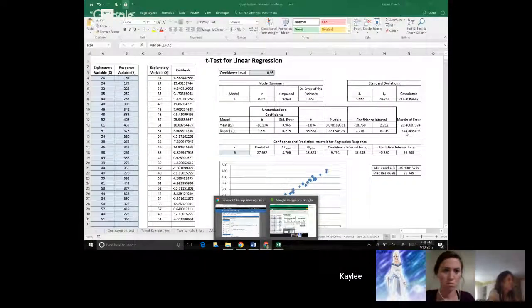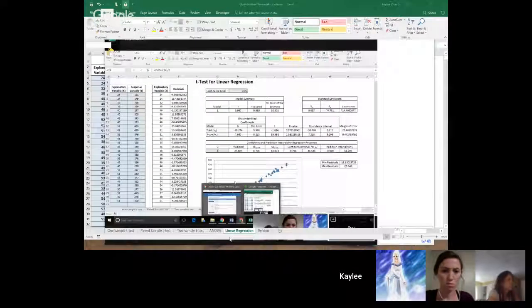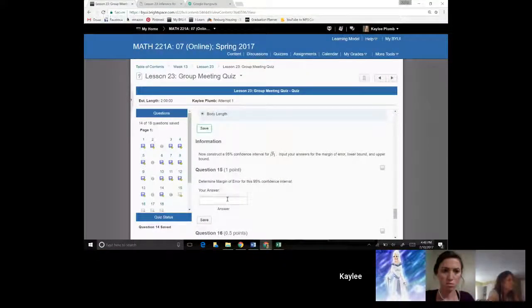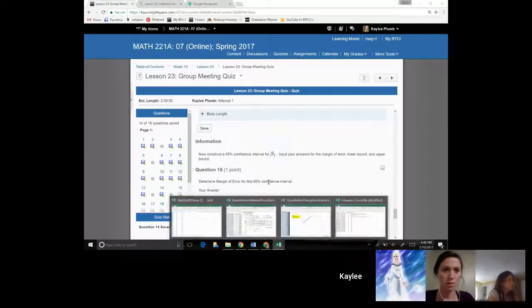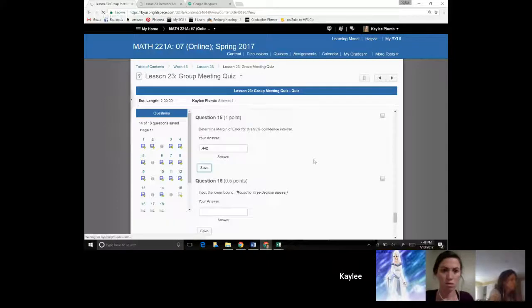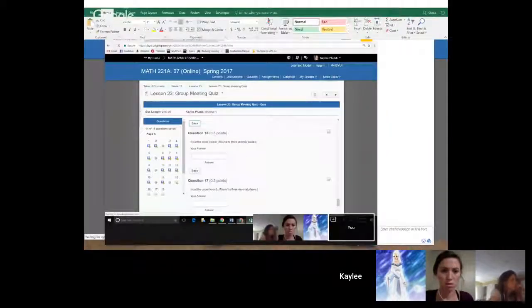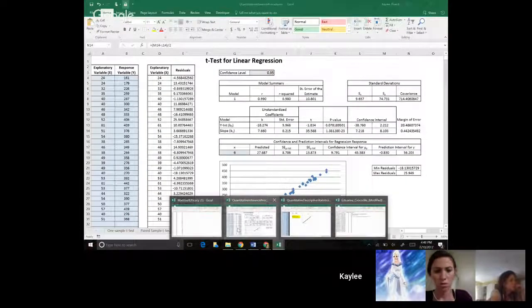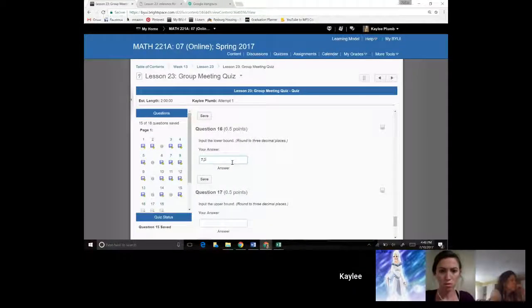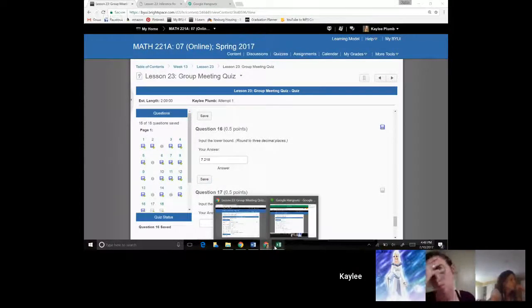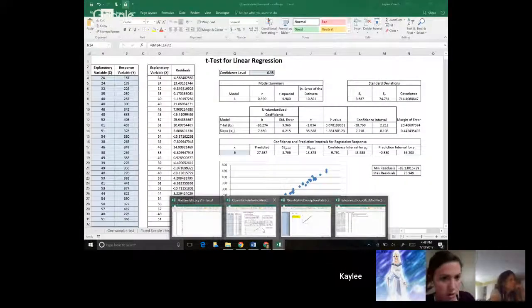For margin of error, I got 0.442. Yeah, same here. Lower bound 7.218. You guys good on that one? 7.218, yeah.